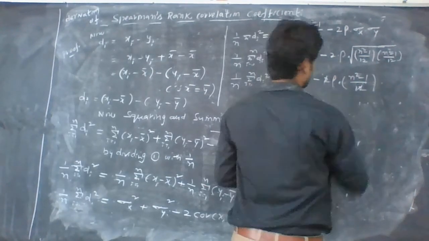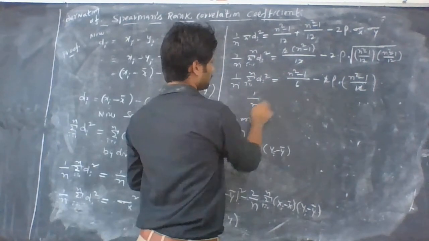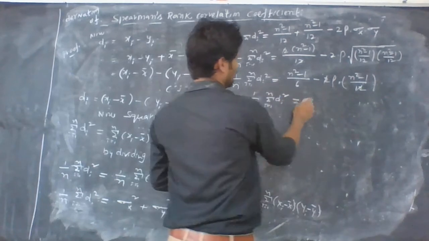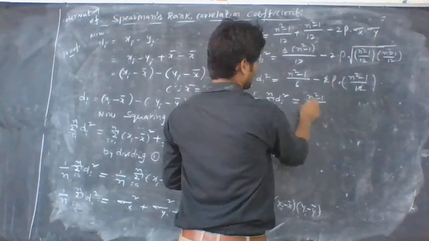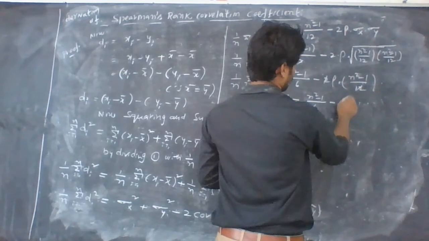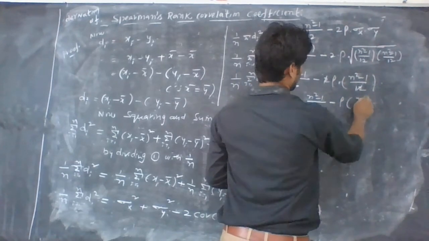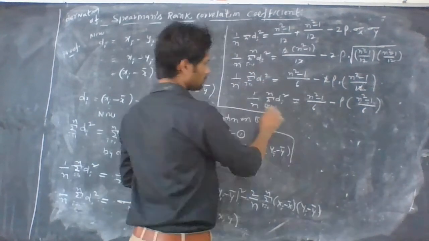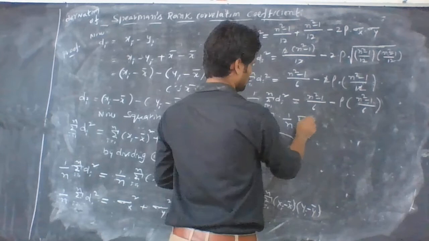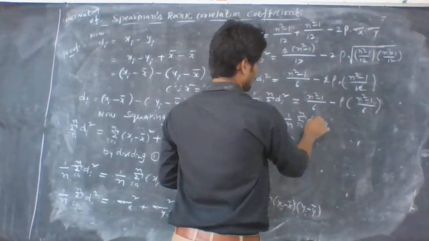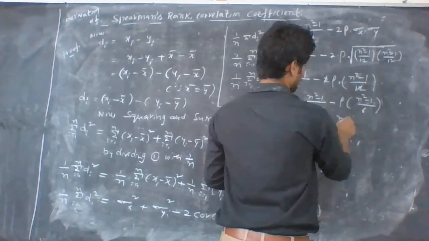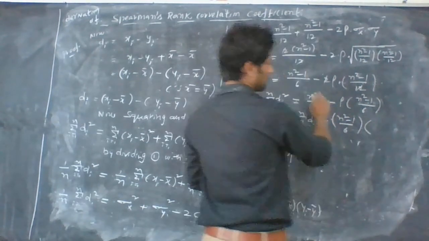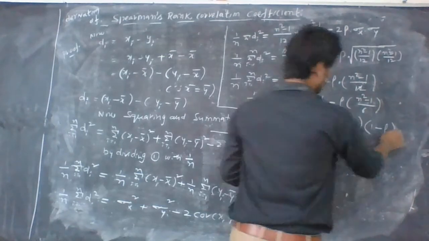So 2 cancels against 6, leaving a factor of 6. So 1 by n summation i equals 1 to n di square is equal to n square minus 1 by 6, minus rho into n square minus 1 by 6. Taking the common factor n square minus 1 by 6 between the two terms, the remaining terms are 1 and rho.